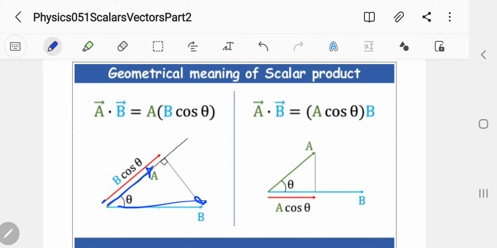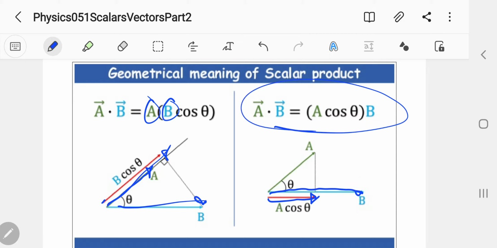B cosine theta is the projection of B along A. So you get the product of A, without the arrow above, which is just the magnitude of vector A, and B without the arrow, which is just the magnitude of vector B. And here you have A cosine theta as the component of A along B. So that's that product: you multiply the component of the other vector along the first vector.